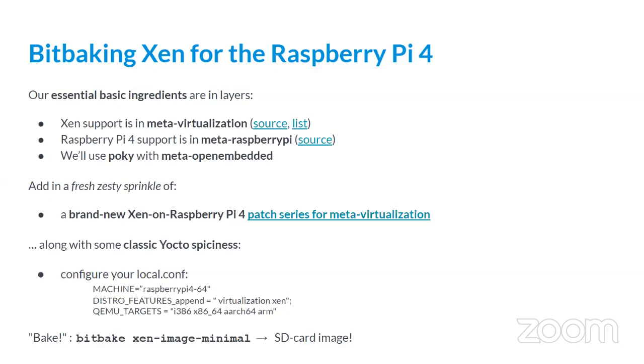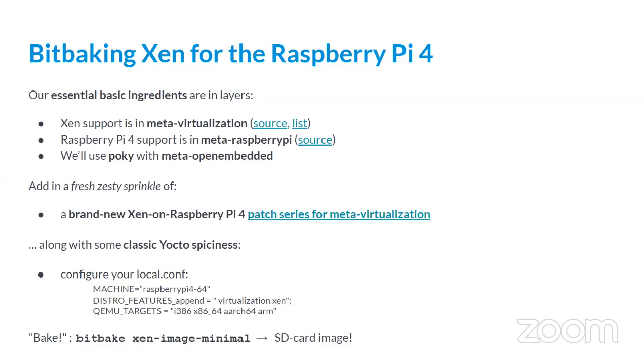We'll be using Poky and Meta Open Embedded to provide you with the Linux file system and build tools, and then apply a new patch series, which is posted to the meta virtualization list to add the extra functionality that's needed. And then it's a case of doing a classic configuration of a Yocto build by adding a few settings to your local.conf, and then you run Bitbake. And once all of your components have built away, out pops an SD card image.